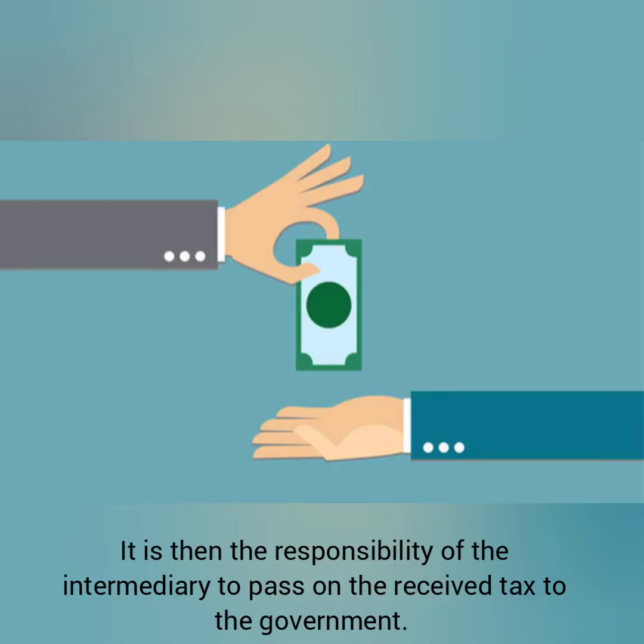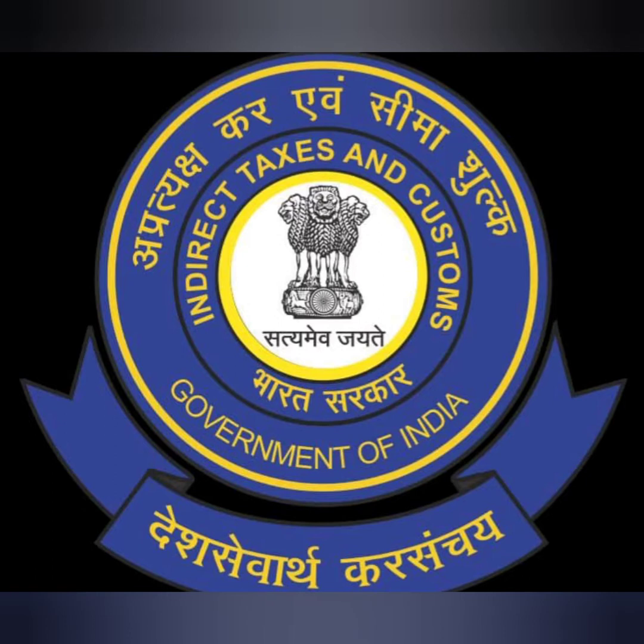It is then the responsibility of the intermediary to pass on the received tax to the government. Unlike a direct tax, indirect taxes do not depend on the income of an individual. The tax rate is the same for everyone.